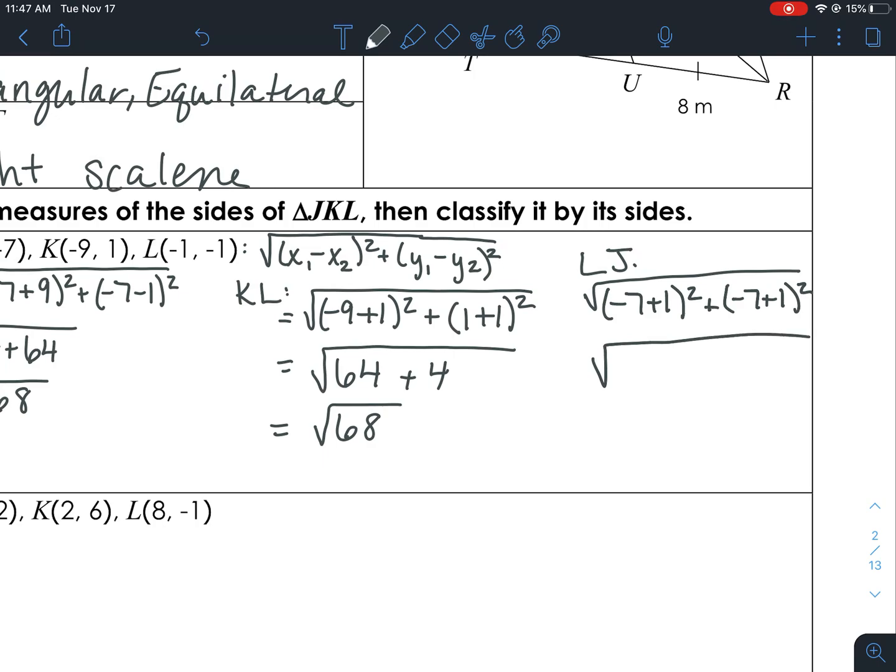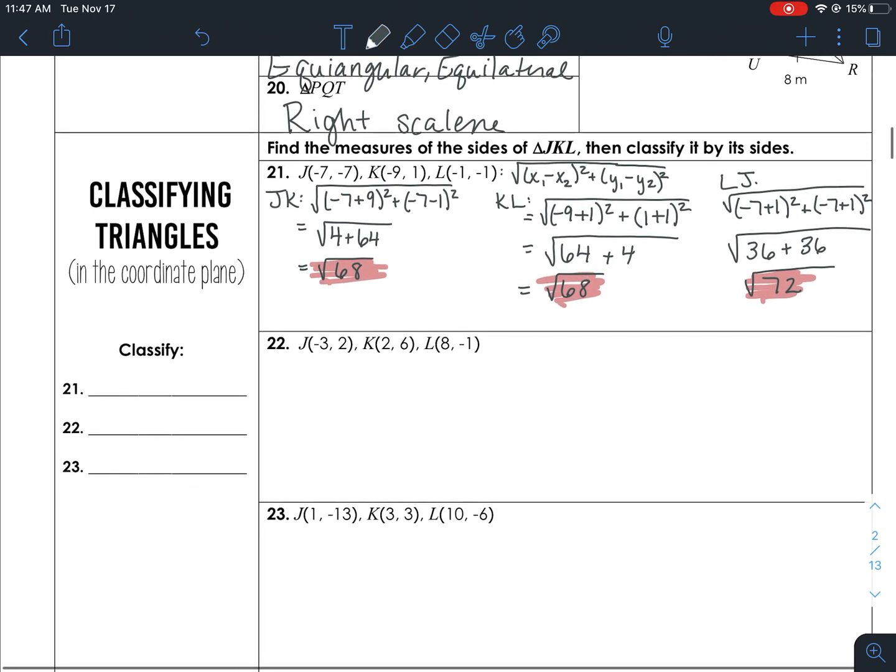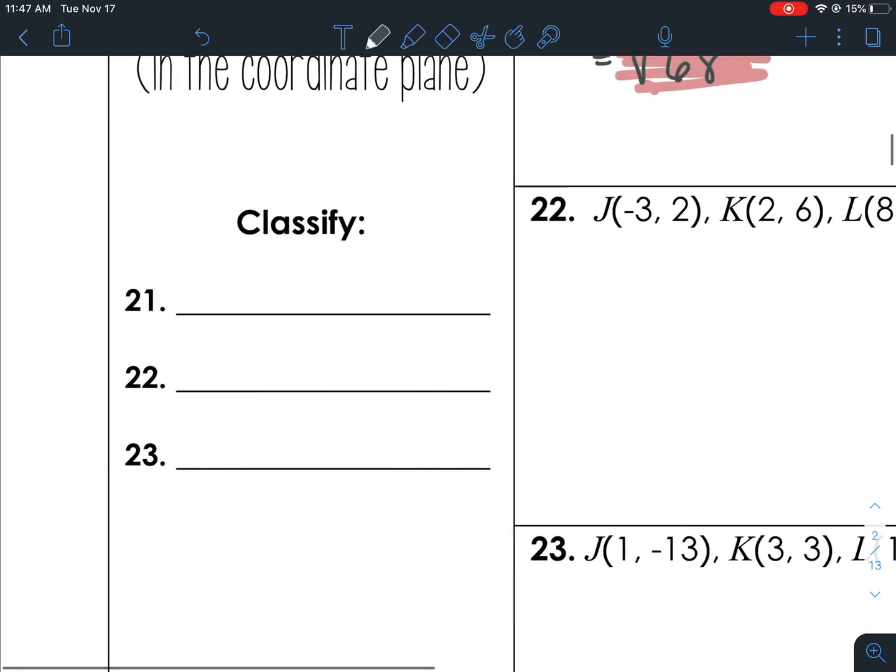Negative 7 plus 1 will give us negative 6. Negative 6 squared is 36. Plus, same thing here, 36. 36 plus 36 gets us to 72. So let's see what we have here. We have 68, 68, and 72. Two of my sides are the same, which means this one is an isosceles.